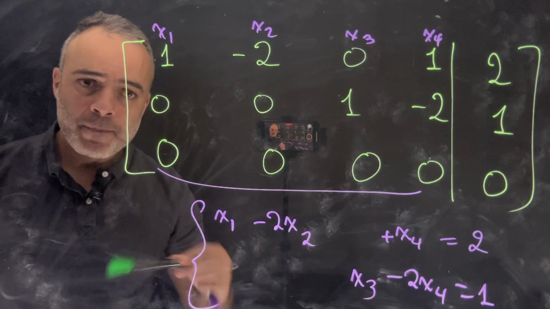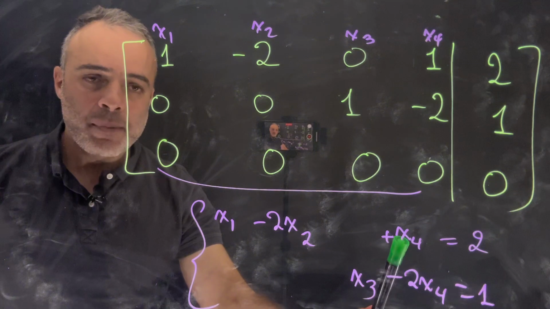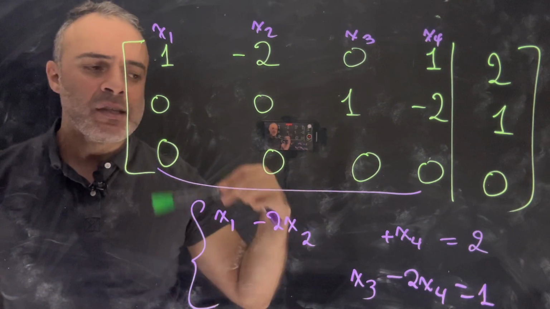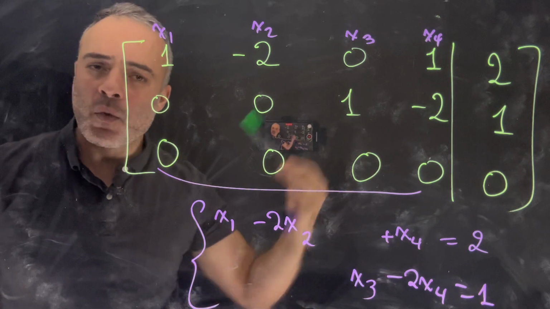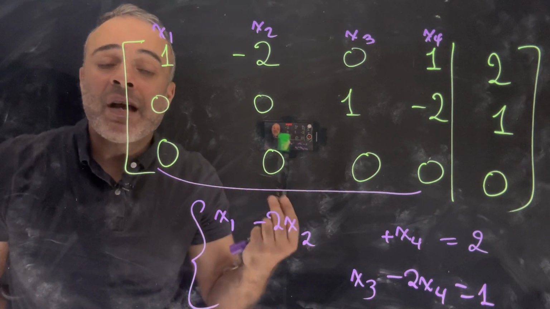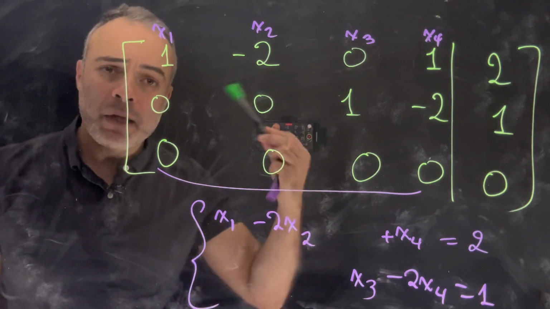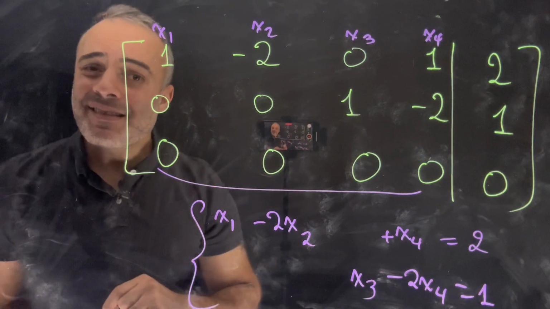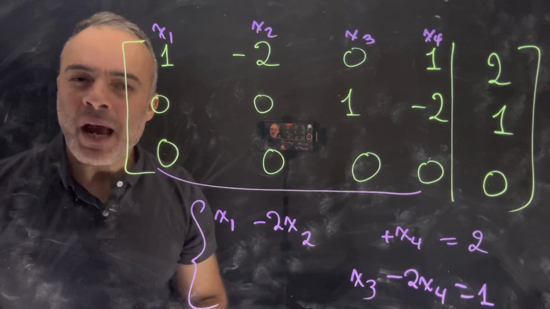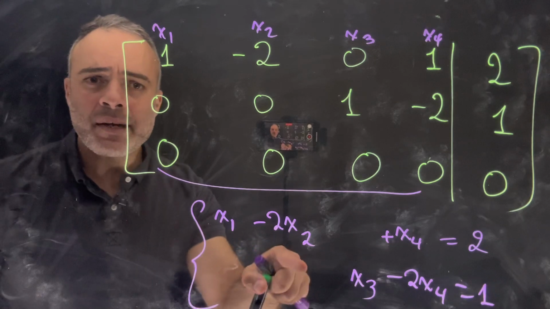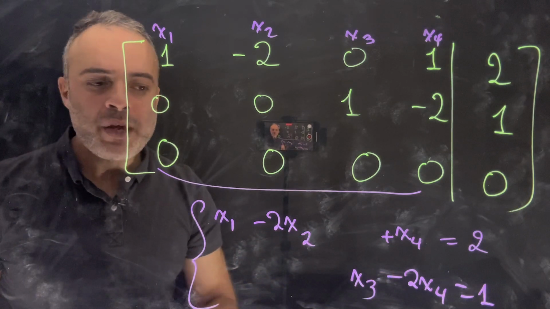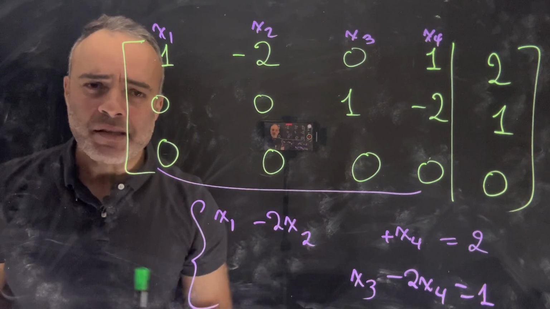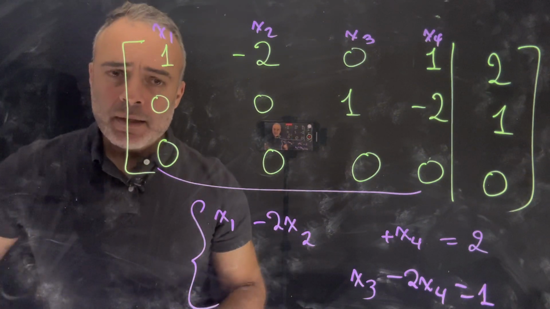So I repeat, if I give x4 a parameter, since it shows up in both equations, x4 will be equal to some t, but this is not sufficient because we're still stuck with two variables, which means I will need another parameter. Should I give it to x1 or x2? It doesn't matter. We can say let x2 equal s, or let x1 equal s.